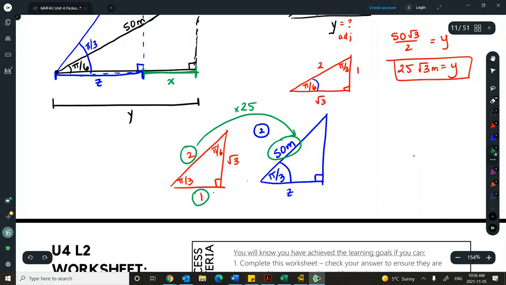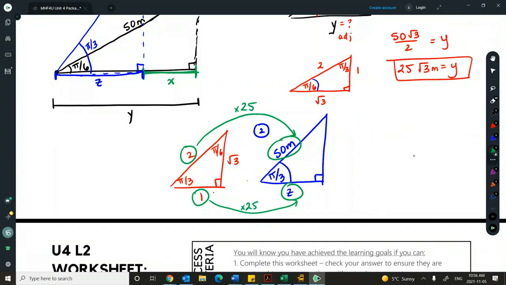And the side I'm looking for relates to the side of 1 from our special triangle. So what is Z going to be equal to if I take this and scale it up by a factor of 25? Just 25 meters. 1 times 25 is 25.